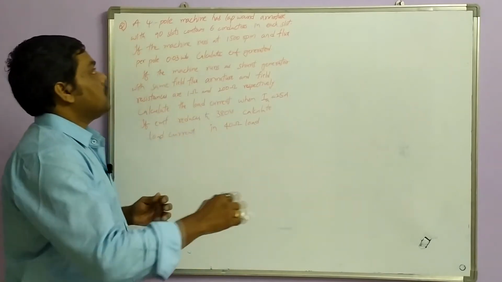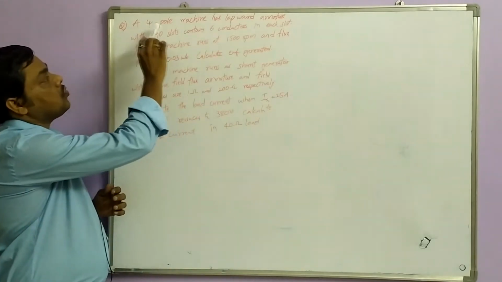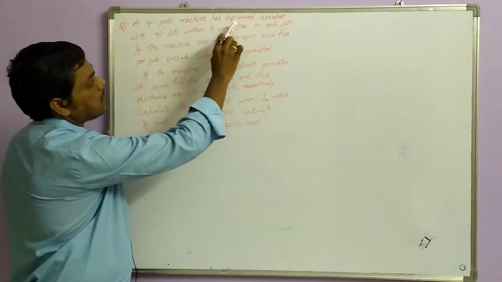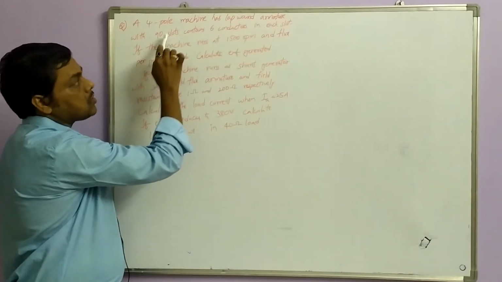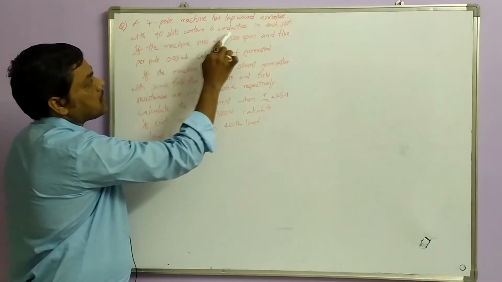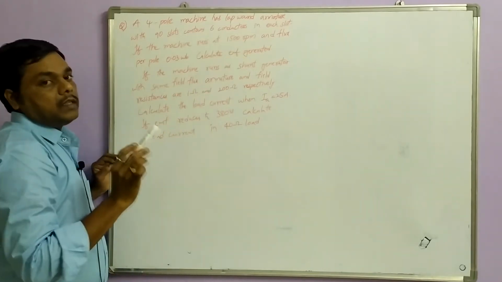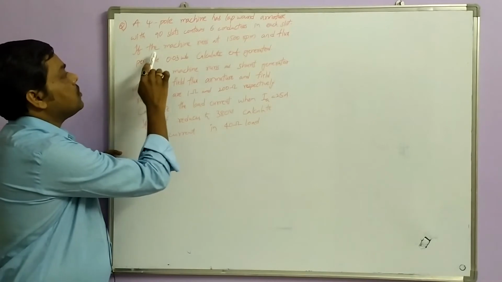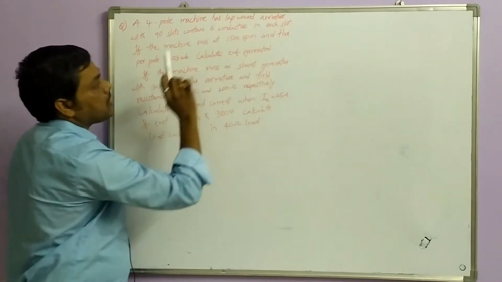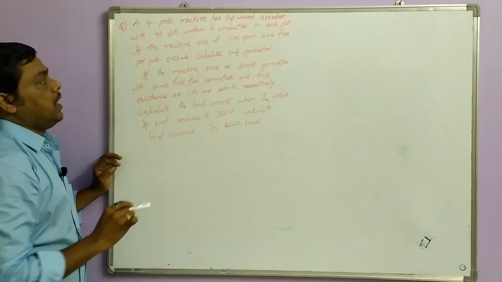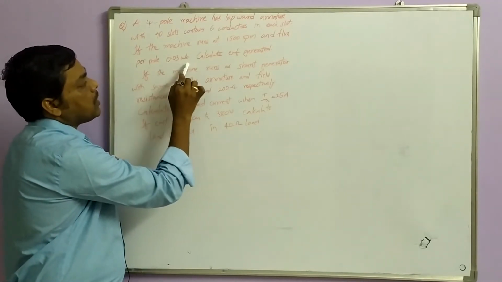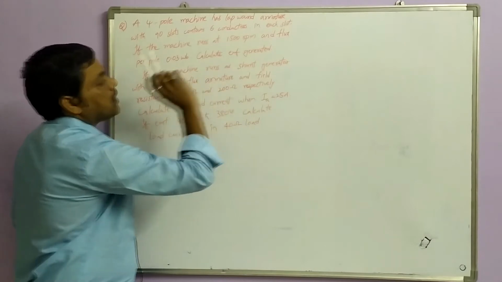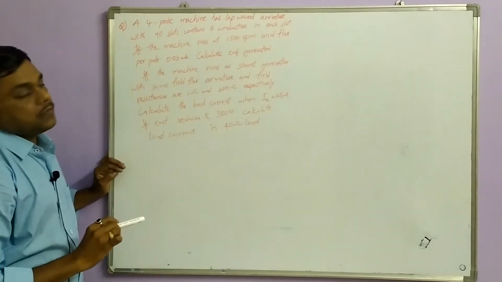So the problem is: a 4-pole machine has a lap wound armature with 90 slots and contains 6 conductors in each slot. If the machine runs at 1500 rpm and flux per pole is 0.03 Webers, calculate the EMF generated.